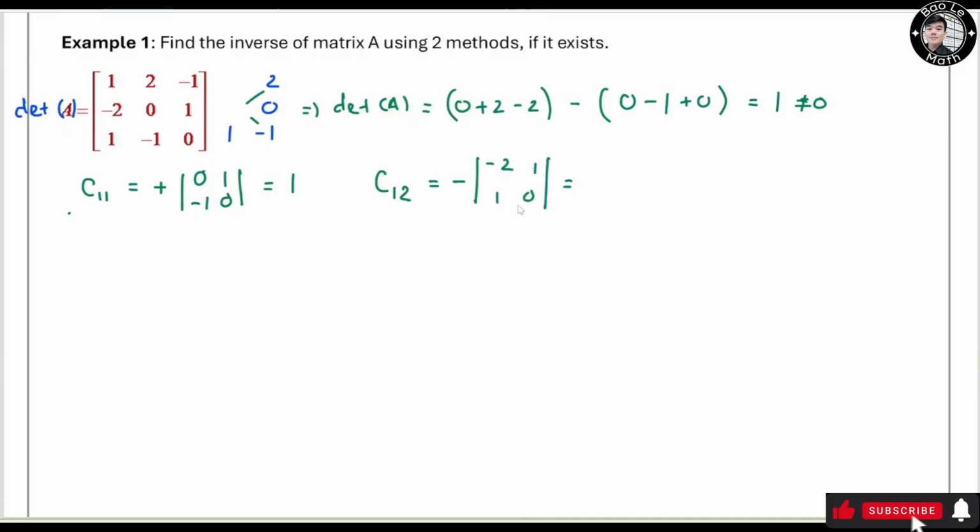This equals negative 2 times 0, which is 0, subtract 1, and you have negative 1 right here. So it becomes plus 1. Now C13 is going to be plus. So C13 is right here. Cross out this guy, so you have negative 2, 0, 1, negative 1. To calculate this one, it's negative 2 times negative 1, which is 2, subtract 0, so it's 2.